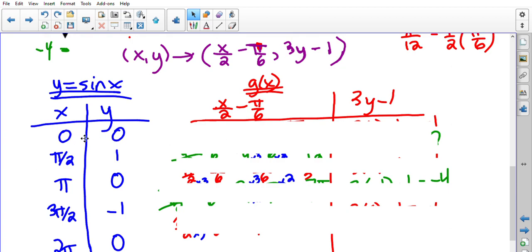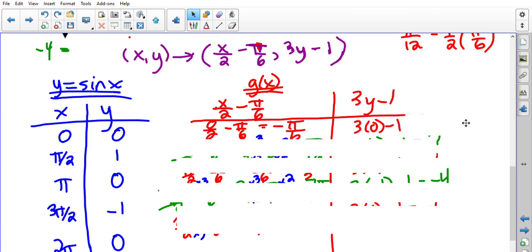So our first one, we're subbing in 0 and 0. So here that's going to be 0 over 2 minus pi over 6. So that cancels out and we're left with negative pi over 6. 3 times 0 minus 1 means that we're just going to be left with -1.